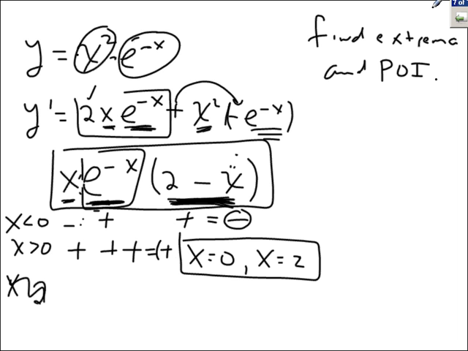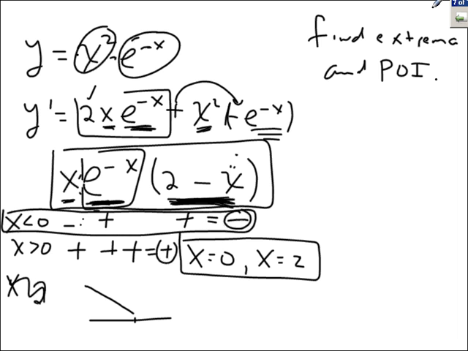Since the sign changed, we do have an extremum. When x is less than 0, the derivative is negative, and when x is more than 0, the derivative is positive. So we have a min at x equals 0.